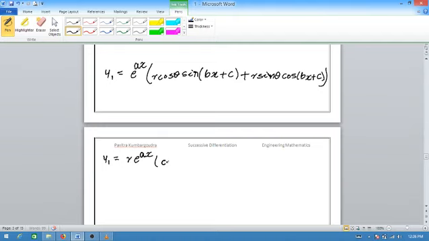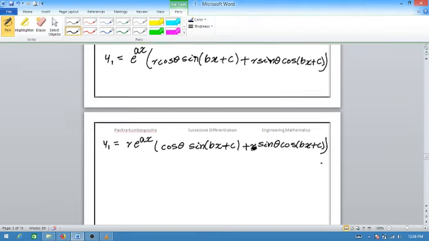So you will get cos theta into sin(bx plus c) plus sin theta into cos(bx plus c).